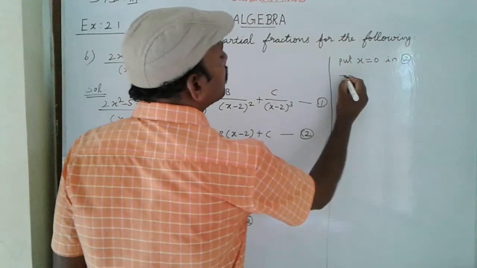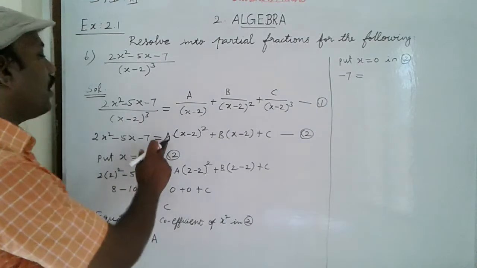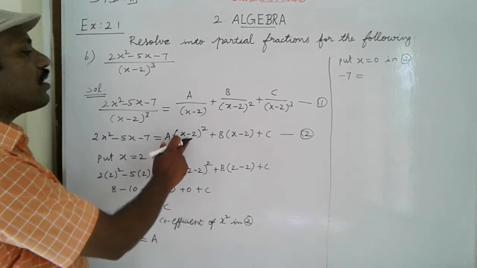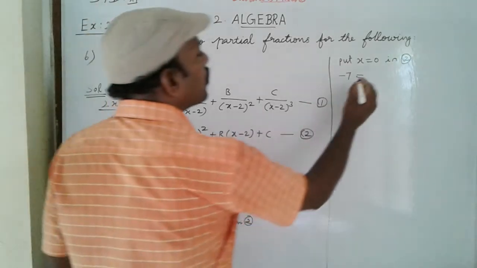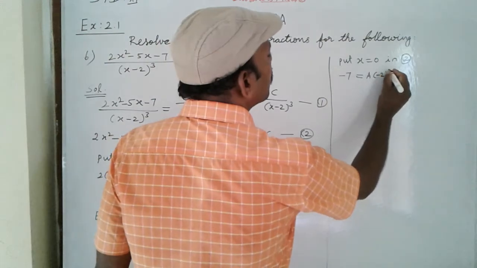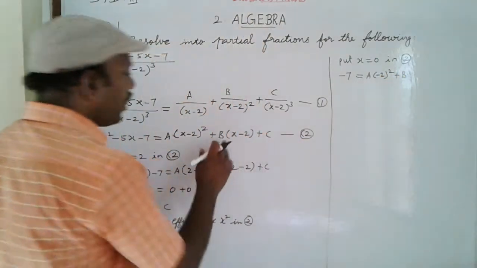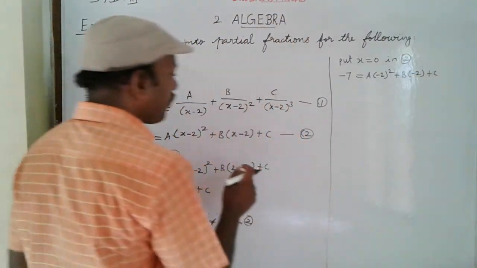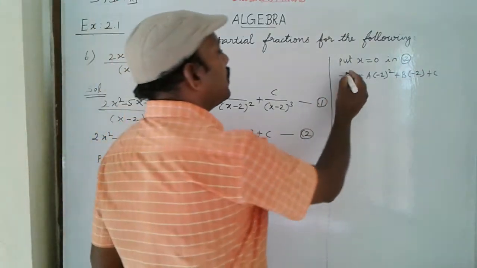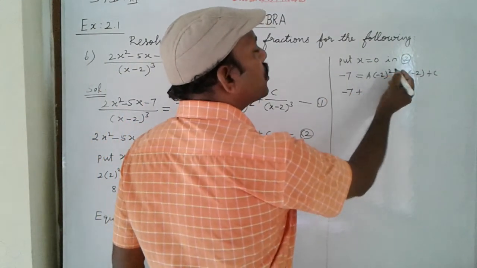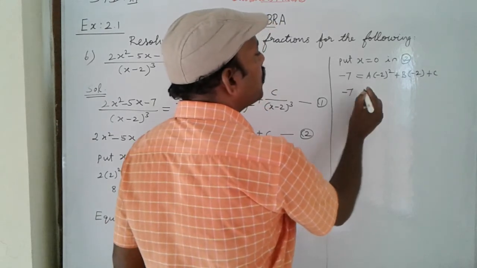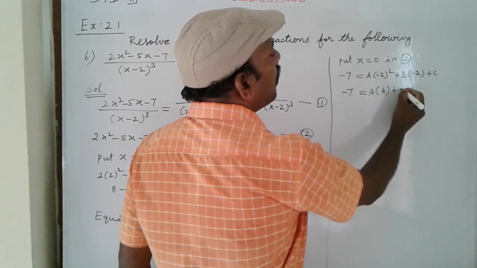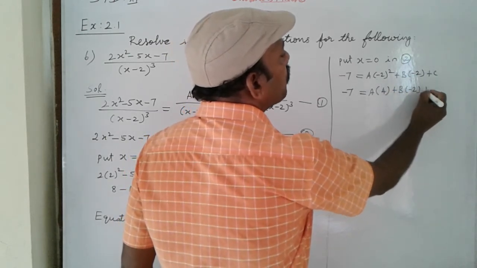So minus 7 equal to A into (0 − 2), which is minus 2, so A into (−2)², plus B into (0 − 2), which is minus 2, plus C. So we write minus 7 equal to A into (−2)², which is 4, plus B into minus 2, plus C.